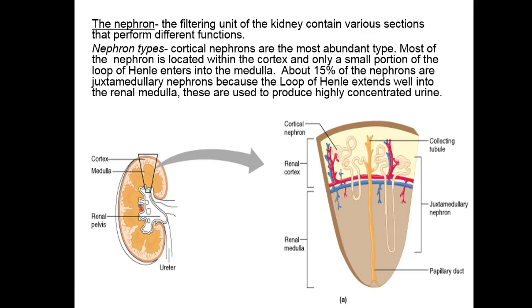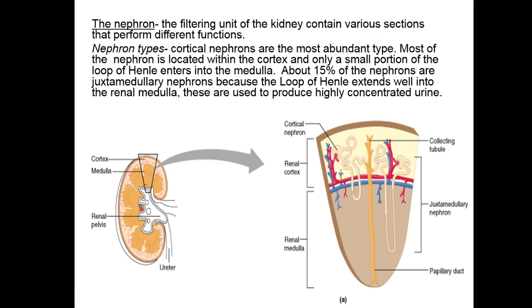The nephron has a design where you have a glomerulus, and then you have a tube system that has a long loop on it called a loop of Henle. With cortical nephrons, the loop of Henle doesn't extend very far into the medullary portion of the renal pyramid.